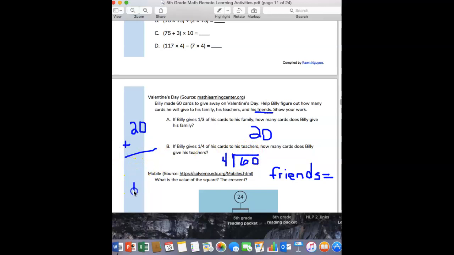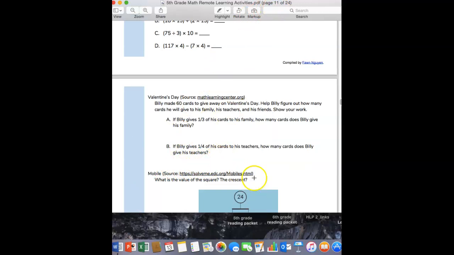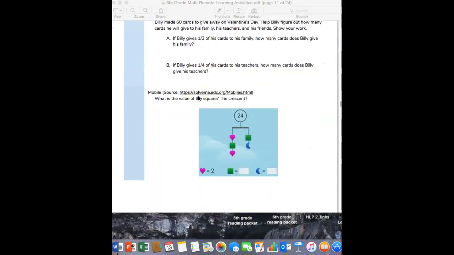And then you know you have 60 cards altogether, so subtract what he gave to his teachers and his family, and that's what he gave his friends, the ones left over. All right, one more.